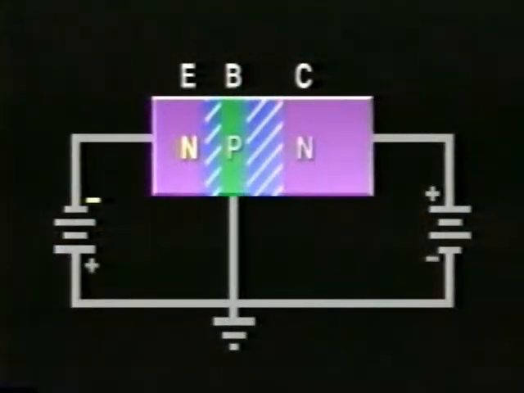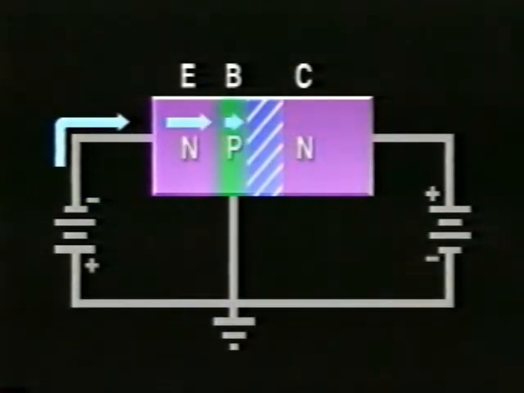Let's take a closer look at how current flows through a bipolar NPN transistor. The negative voltage on the N-type emitter forward biases the emitter-base junction. Because of this, the depletion region narrows and disappears, allowing current to flow easily through the emitter and into the base.